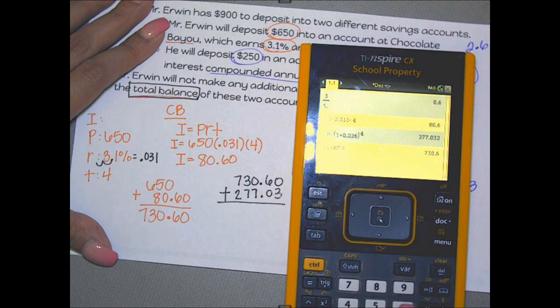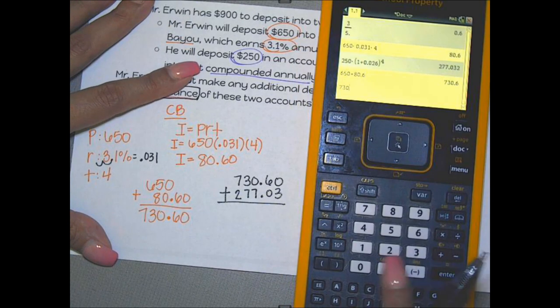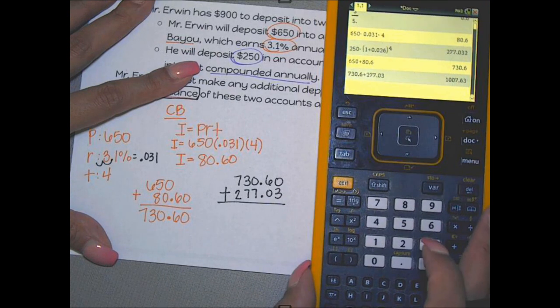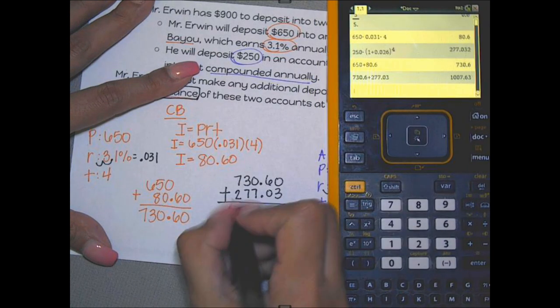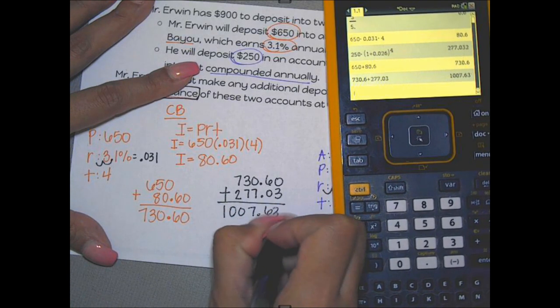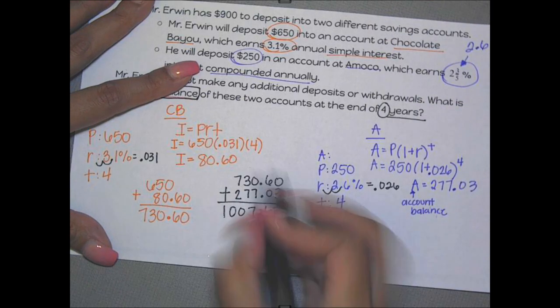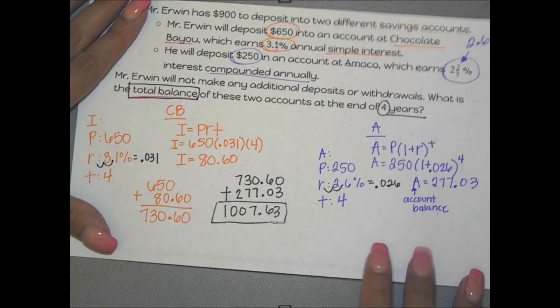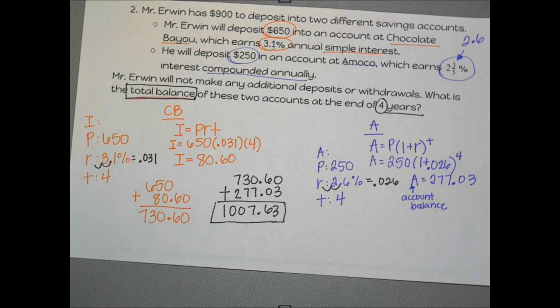So 730.60 plus 277.03 equals. So Mr. Irwin has $1,007.63 in both accounts at the end. Okay. So that is what you should have typed in to your answer for question number 2.